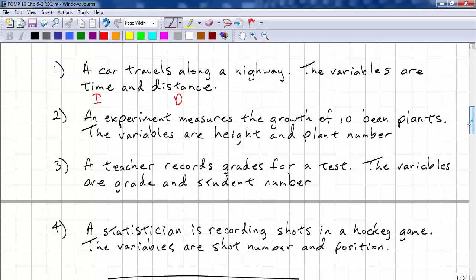An experiment measures the growth of 10 bean plants. The variables are height and the plant number. So the plant number is the independent variable, and the height is the dependent variable. The height depends on what plant it is. The plant does not depend on the height. That doesn't quite make sense.